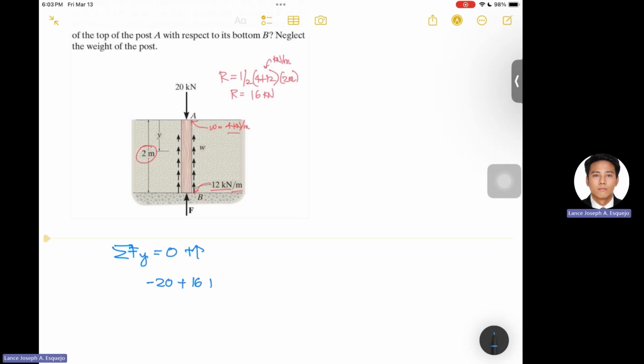And then we have positive F as assumed in the figure. And that will be equal to 0. So from here, we get F equal to 4 kilonewtons.